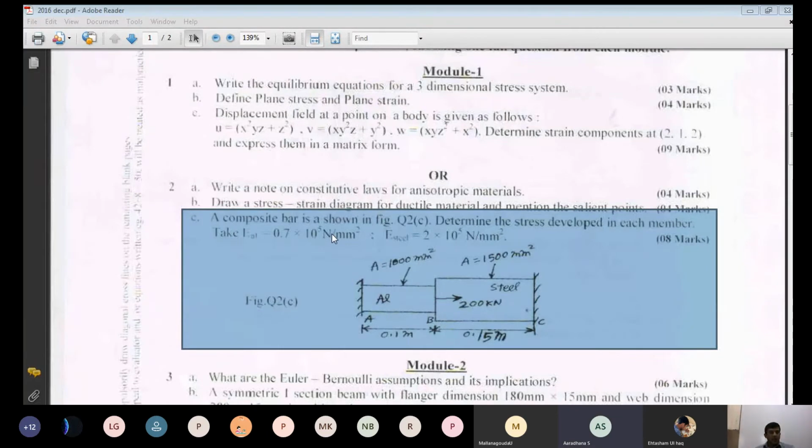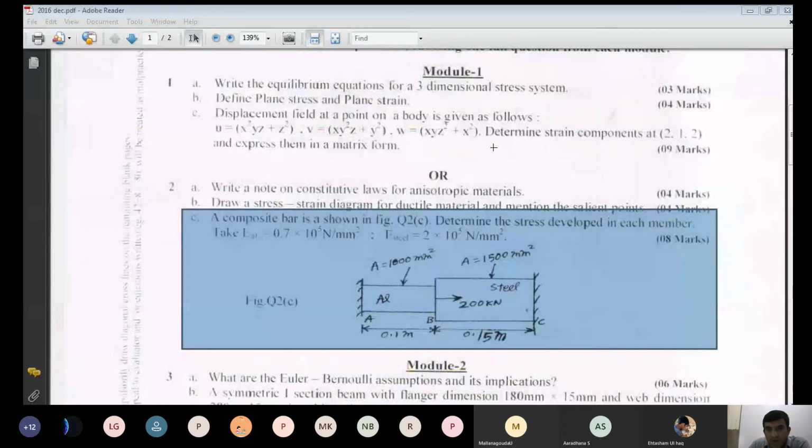First, what type of bar is this? Compound bar. And also it is a statically indeterminate member. How do you say it is a statically indeterminate member? Equilibrium condition. At the junction, the load is applied here, and at both ends there is a support.